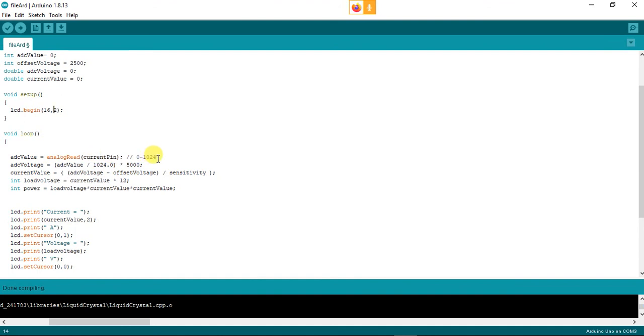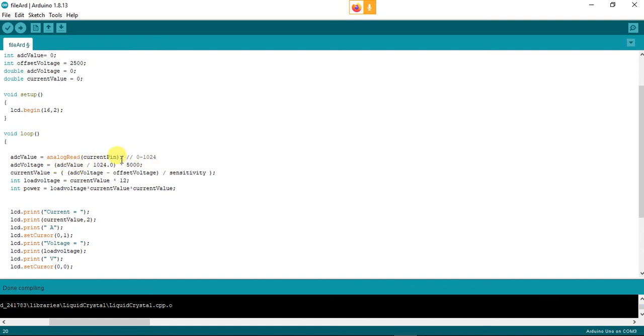ADC value analogRead is mainly reading the analog value from the A0 port, which is the output of our ACS current sensor. This is an analog value in a range of 0 to 1024.